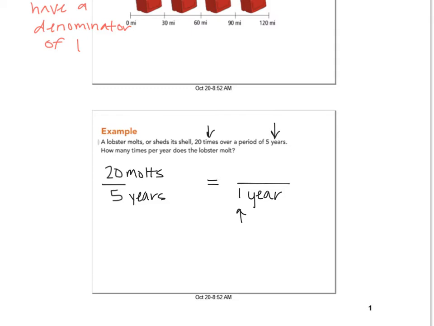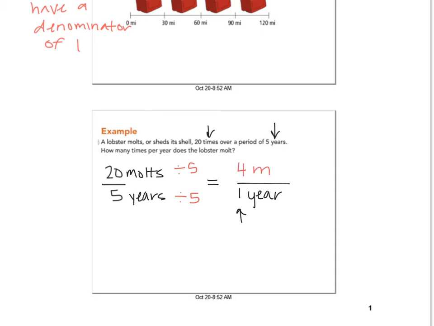So to get from 5 to 1, all we did was divide by 5. 5 years divided by 5 gives us 1 year. 5 divided by 5 is 1. But what we do to the bottom, we have to do to the top. So 20 divided by 5 gives us 4.